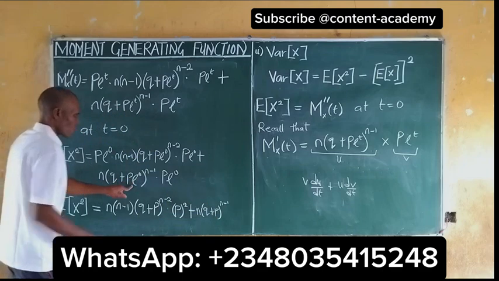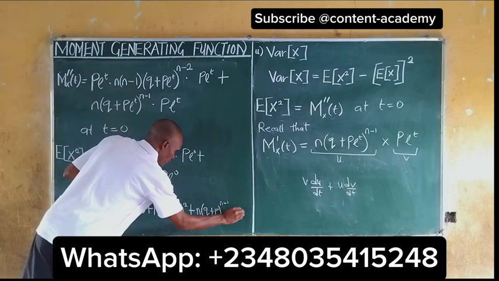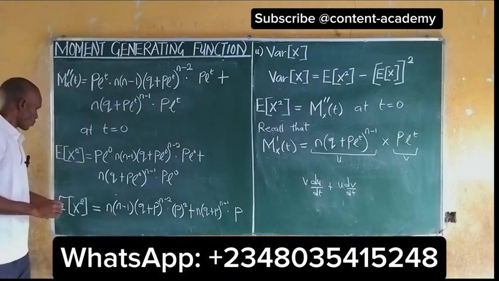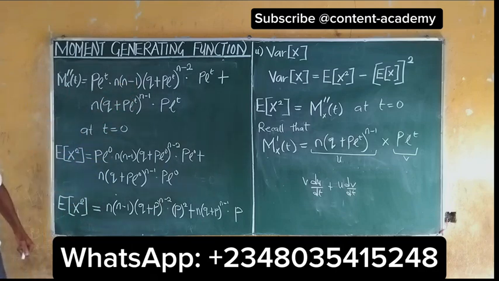Of course, this will turn to 1, then multiply by p. That is what we get. So we'll still move over to this other side of the board.